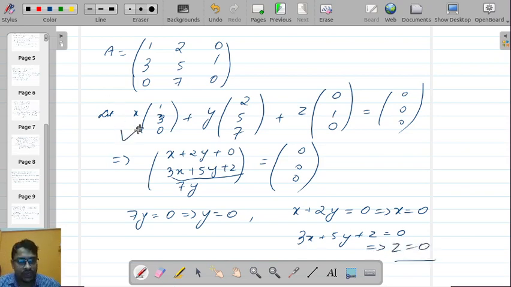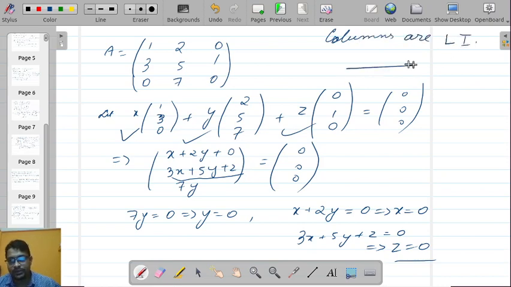So this type of relation is possible only when the scalars are 0. That means the columns are linearly independent. Right, so this was about linear dependence and independence of vectors.